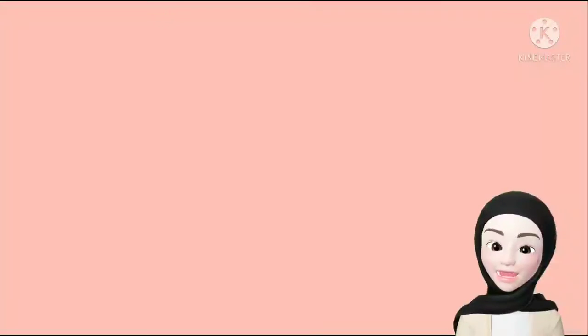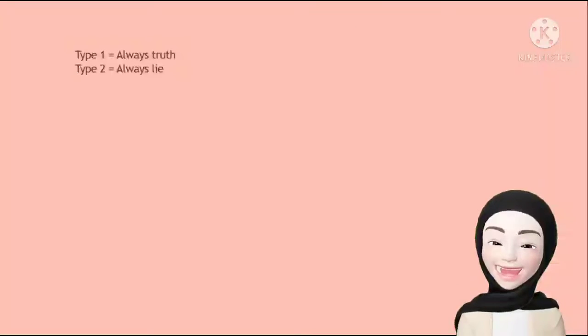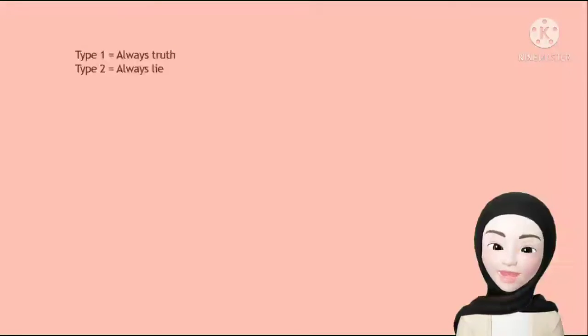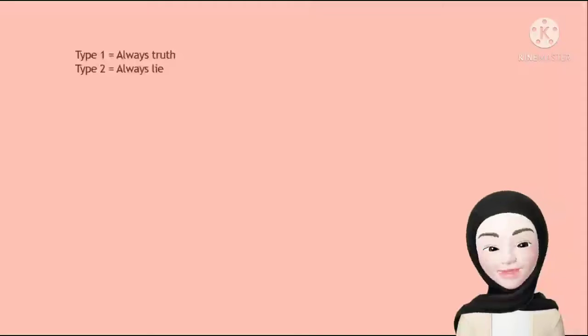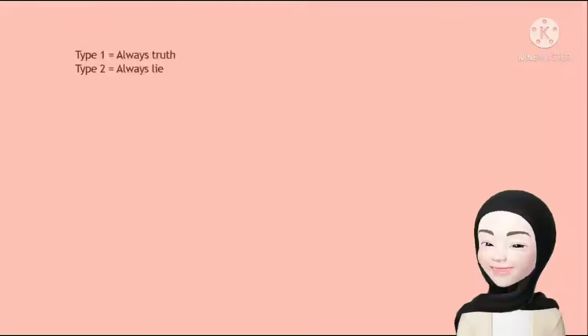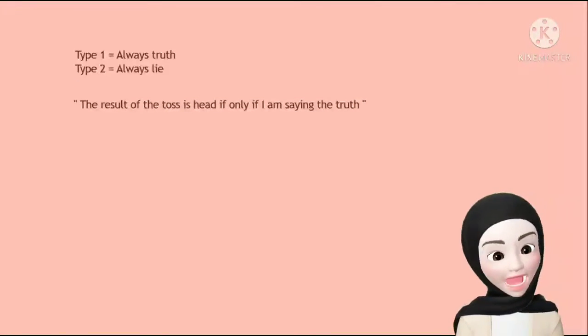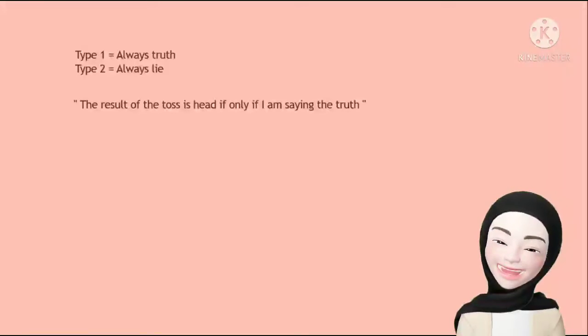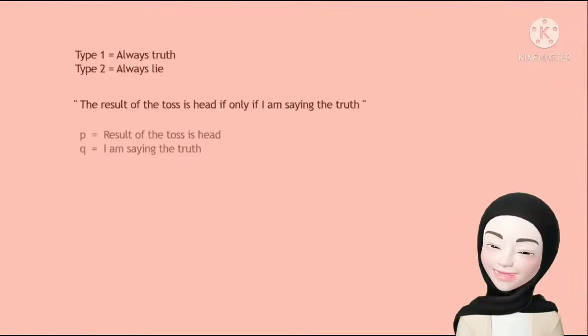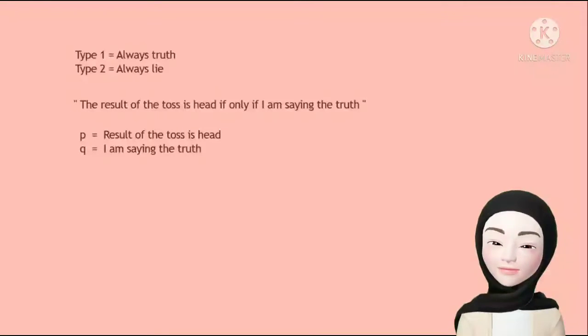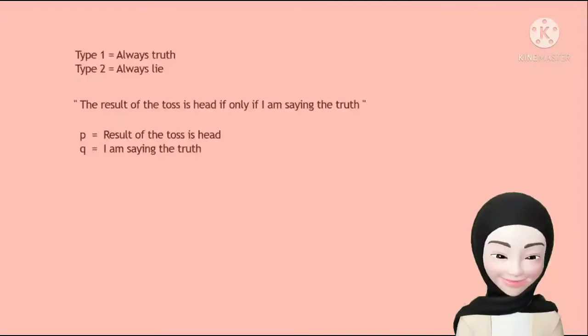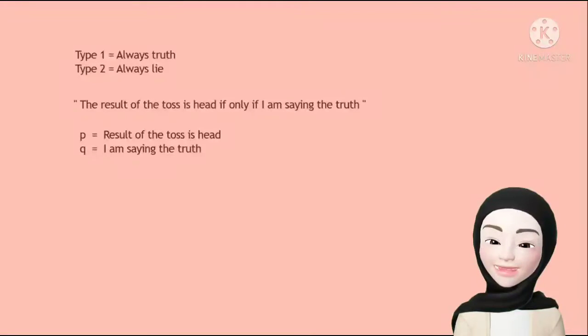From the case, we know that type 1 people always tell the truth and type 2 people always lie. To solve this problem, let's see this statement. This statement is called propositional logic, and we'll make assumptions from there. Let P equal the result of the toss is head and Q equal I'm saying the truth.